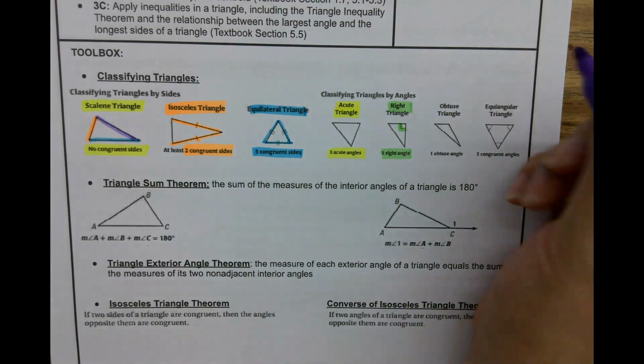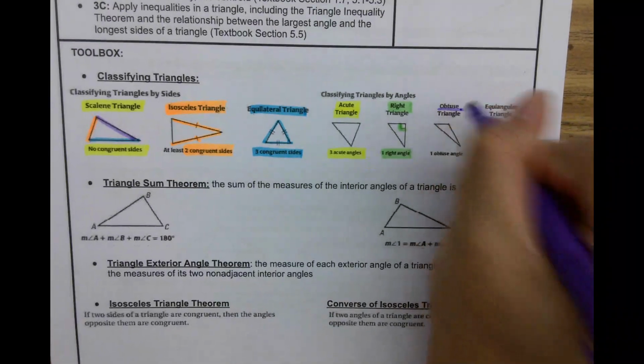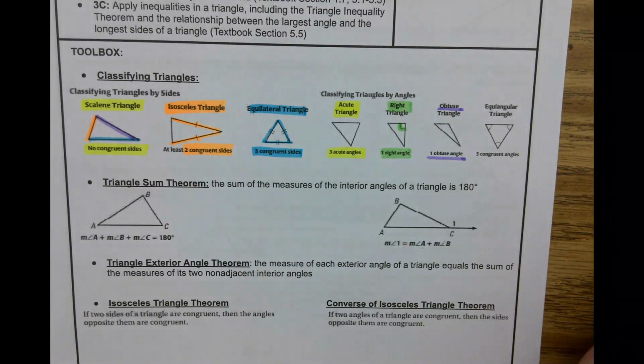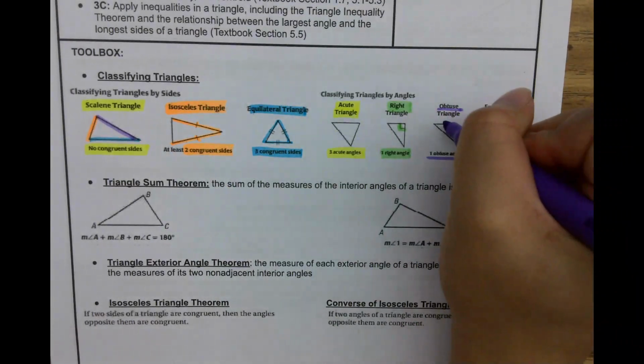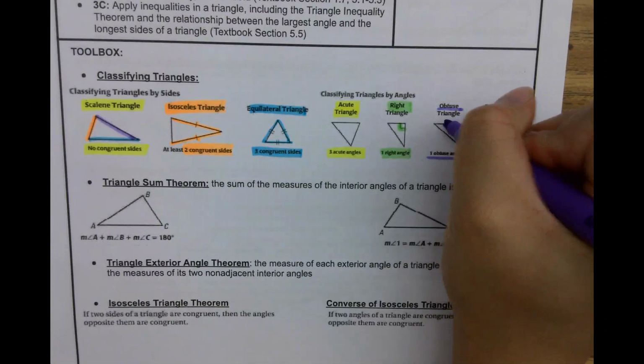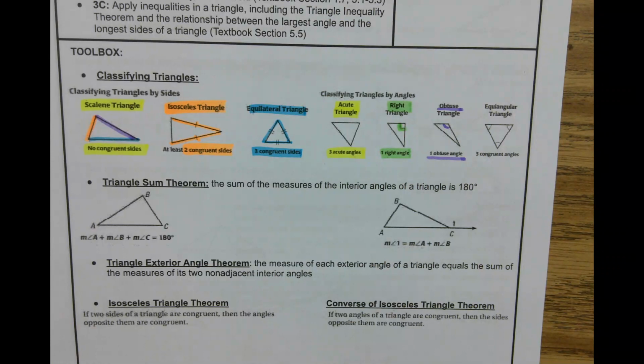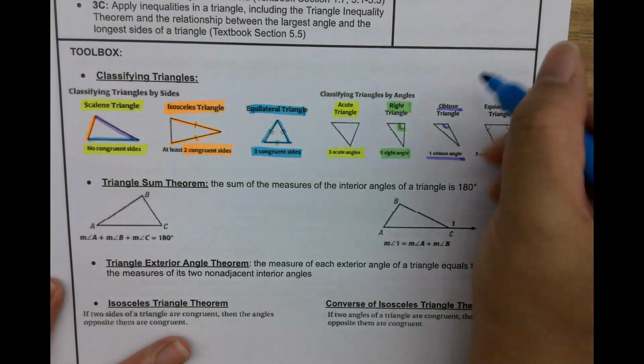And then here we have an obtuse triangle, and it is considered obtuse as long as it has one obtuse angle. So that's shown right here. The other 2 have to be acute in order to add up to 180. Then we have our last type. This is an equiangular triangle. This is when we have 3 congruent angles.